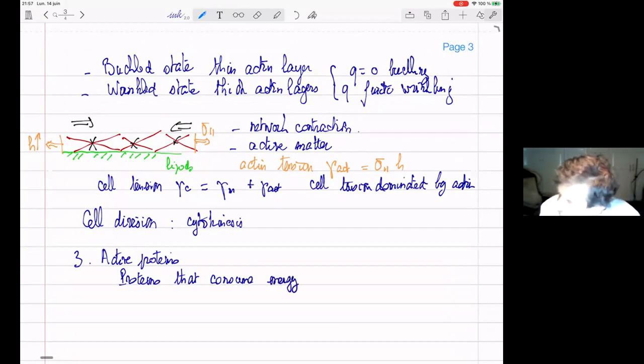And proteins consume energy in the form of ATP. It's coupled to a chemical reaction, and ATP molecules are hydrolyzed. There are many types of active proteins. One of them that I just talked about is molecular motors.